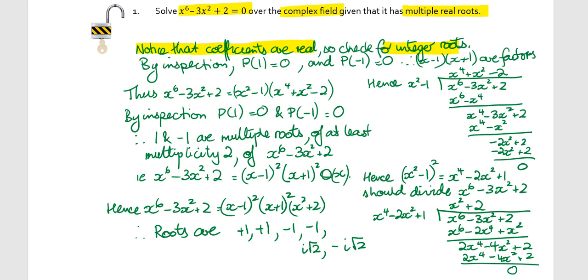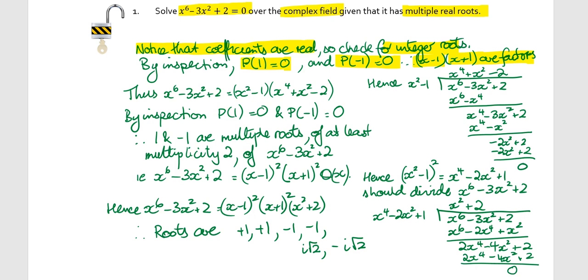So if we just look quickly, 2 to the 6th is 64, so we're not going to be able to turn that into 0 with x equals 2. But if we look at p of 1, that will equal 0, and so does p of minus 1. So actually x minus 1 and x plus 1 are both factors. Now it may be that one or both of those are also multiple roots, but we don't know.